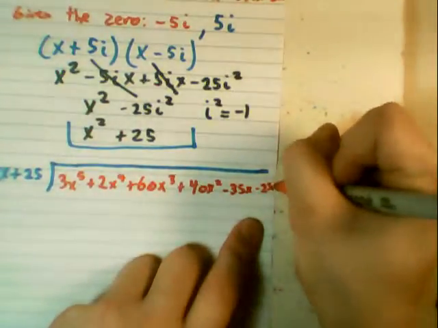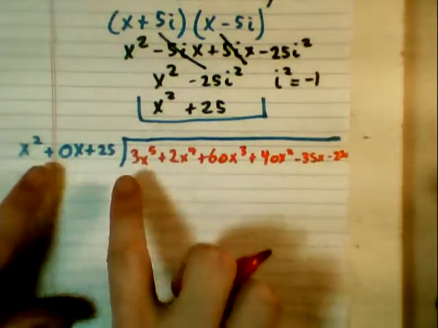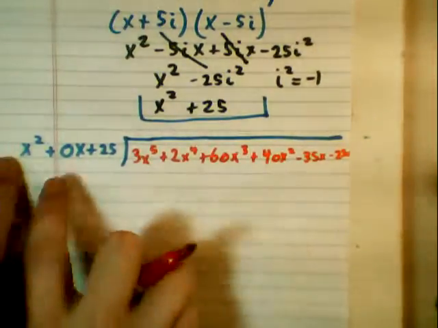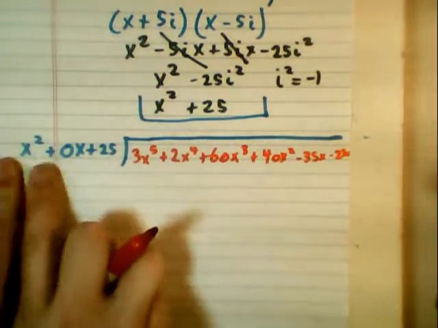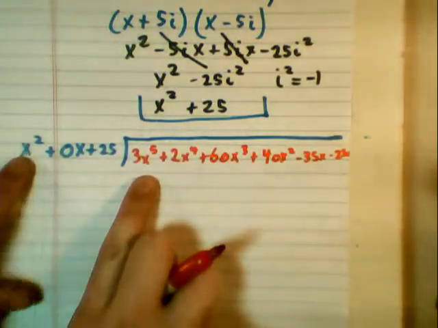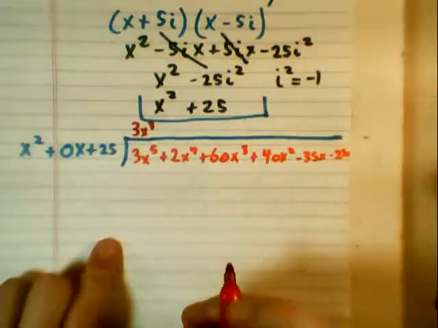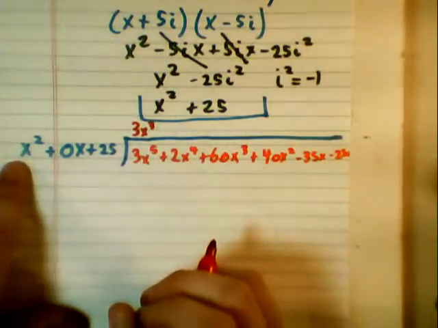Minus 250 just fits. Okay, so now to begin, what times this x squared will get us 3x to the 5th? Well, 3x to the 3rd times this will get us that. So let's put 3x to the 3rd. And then we multiply everything by this and put it down here.